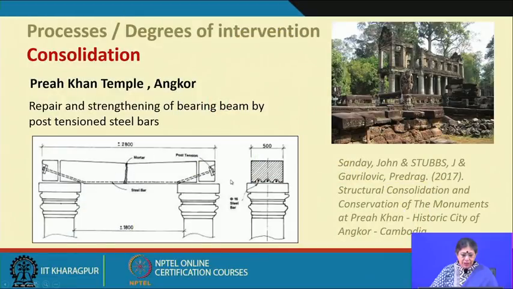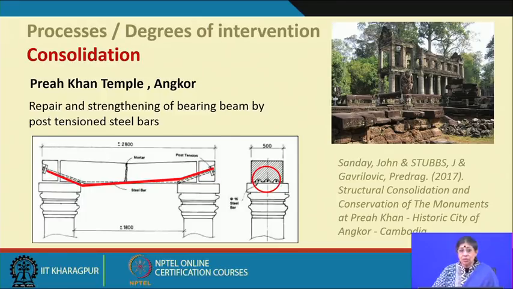We should first say, okay, keeping the beam as it is, can we give it some extra support so that it can stand? In this case, as we can see, there is a post tension steel bar which has been fixed through the section, so that it can give the support which is required.